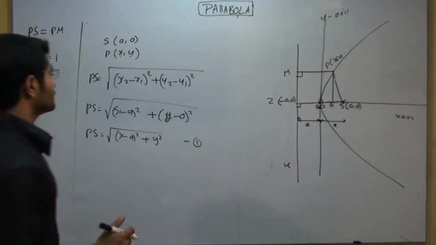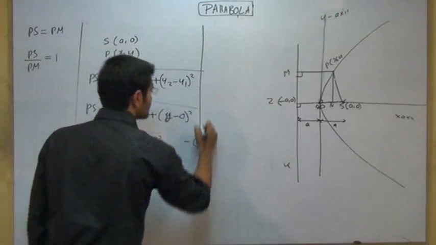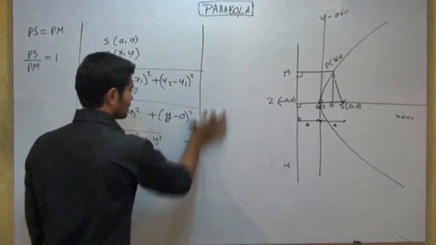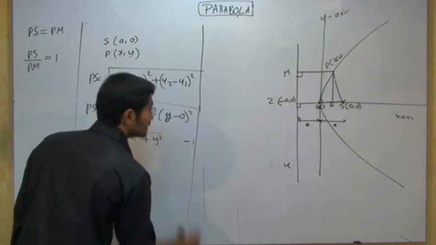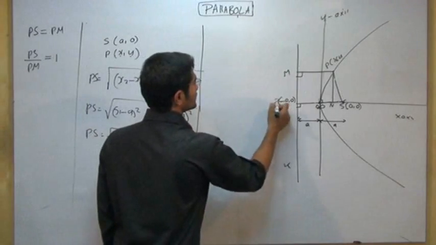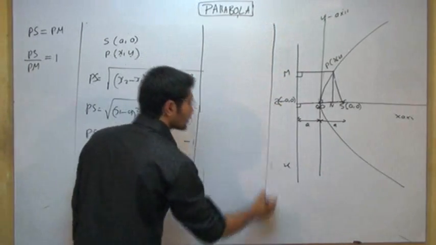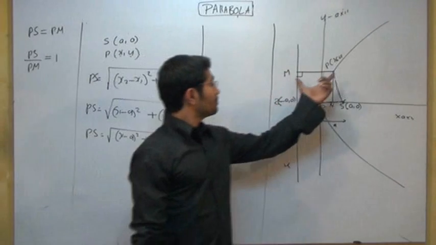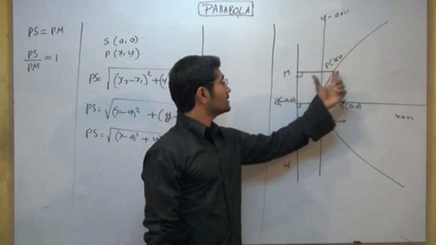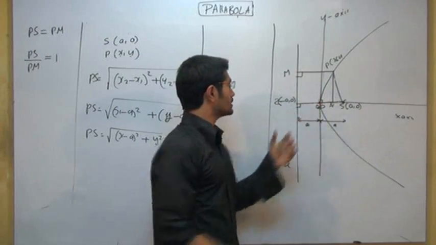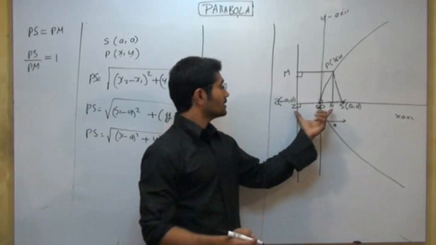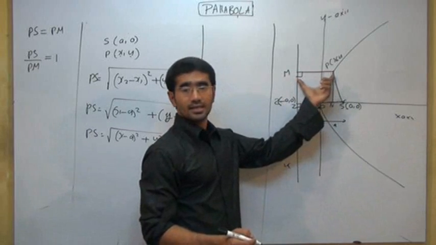How will I find PM? So this is a little interesting. Look at this. I can say PM is this line. Is this line not equal to NZ? Yeah, it is. This line and this line are exactly same.